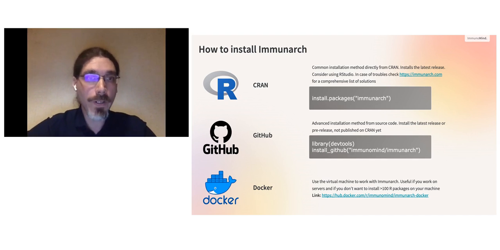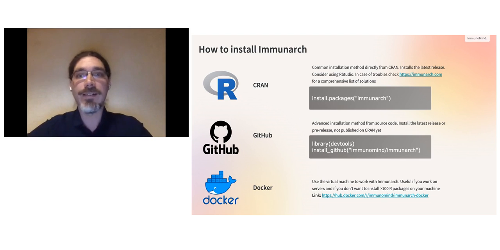The most common installation method is to directly install the package from the CRAN by running this simple code line. In case of troubles, please feel free to check the Immunarch webpage for a very long, very comprehensive list of different solutions.